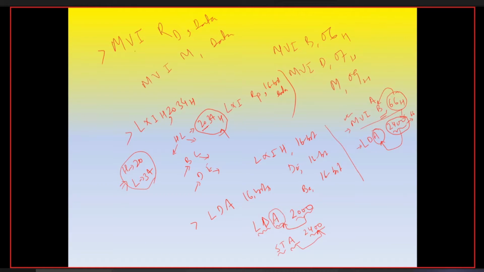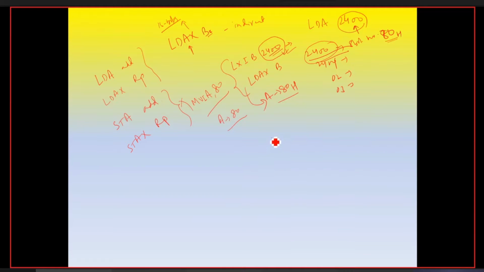STA, you understand? Suppose STA 2400. It means the value of the accumulator will move to the specified address. Similarly, STAX B. It means the content of the accumulator will move to the address which is stored in this pair.